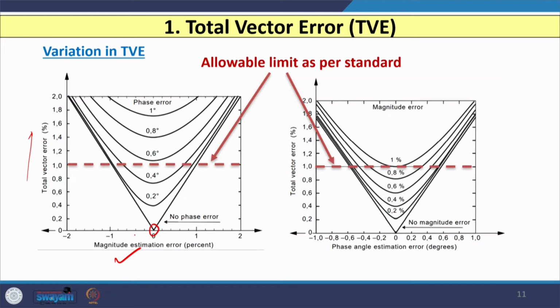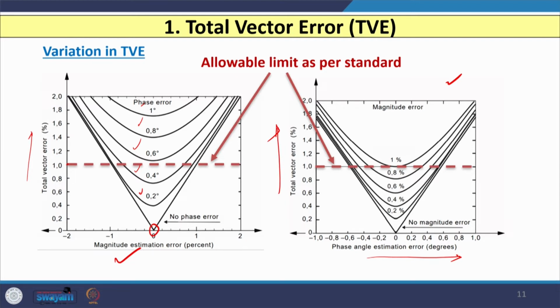If you increase the phase error, let us say from 0 to 1 degree, you will have different curves like this, and you can see the 1% total vector error, which is the allowable limit as per the standard. In the same way, in the second graph I have taken the phase error on the x axis in degrees and total vector error in percentage on the y axis.